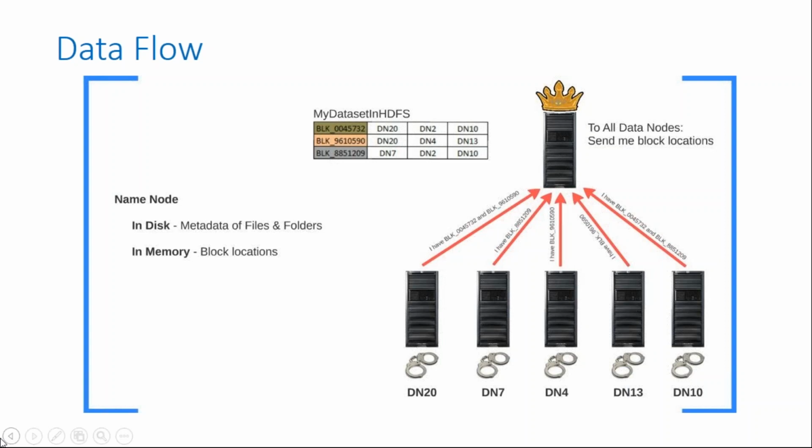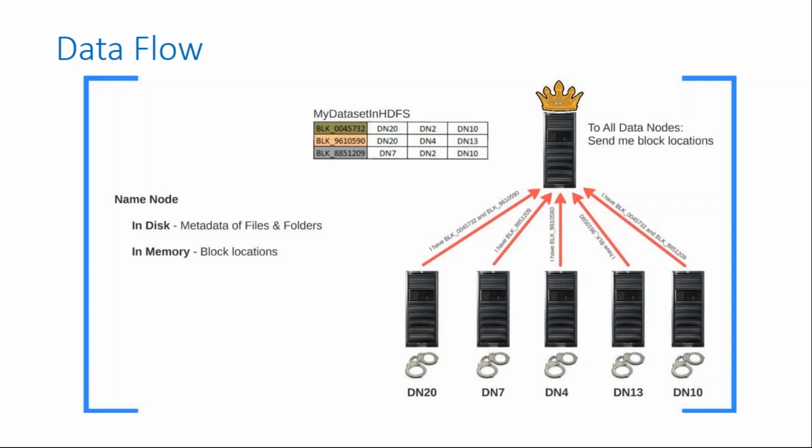So every time we switch on the name node, it is going to create a table like this in its RAM. So the block locations are stored in the RAM. The reason is, if it has to construct a file using these block locations and their replications, it is going to perform so many operations.